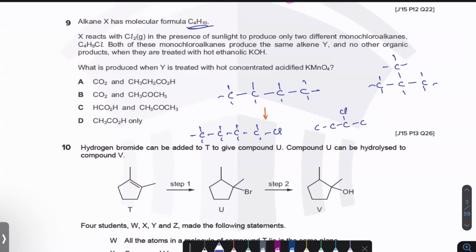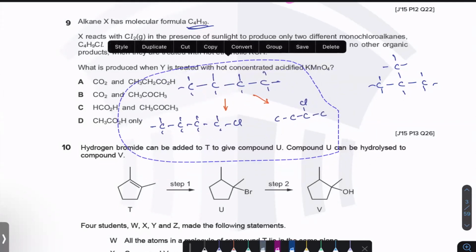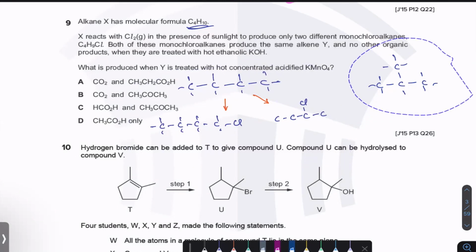All the rest will be hydrogens. So this one makes two, and if it is the other one, this also makes two. One option is that the carbon in the middle gets a chlorine, and the other option is that the carbon on the side, it could be this side or that side, gets a chlorine. With me everybody?